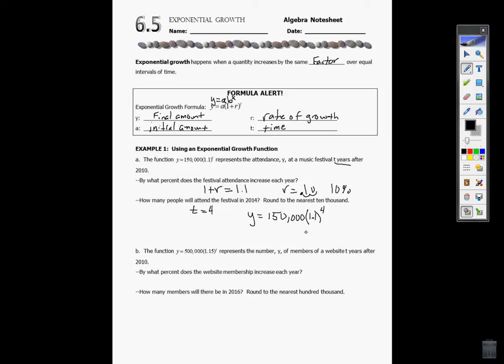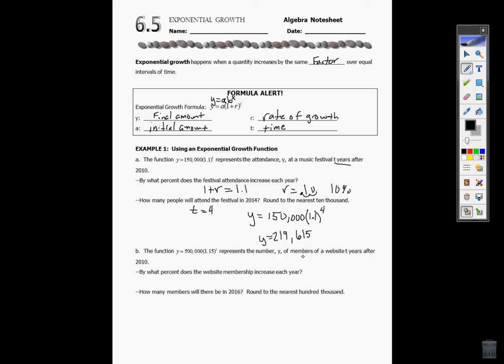So when I evaluate this, I do 1.1 raised to the 4th power times 150,000, and for something like this, it's perfectly reasonable for you to use your calculator. You will get 219,615.